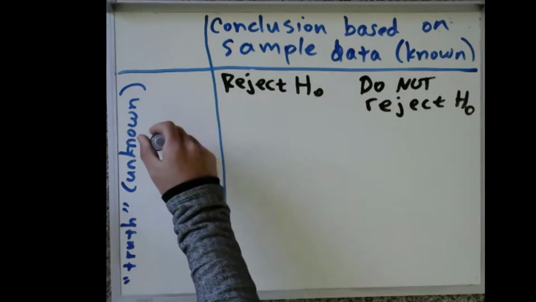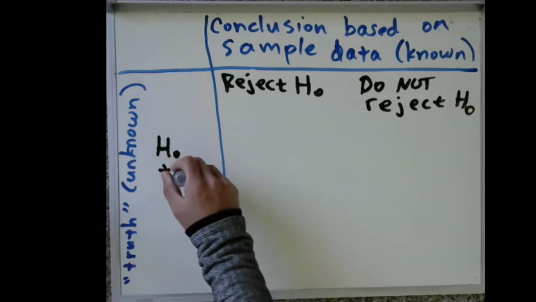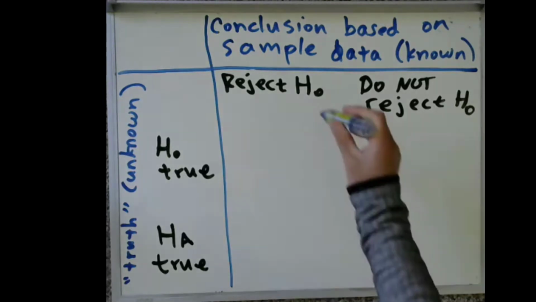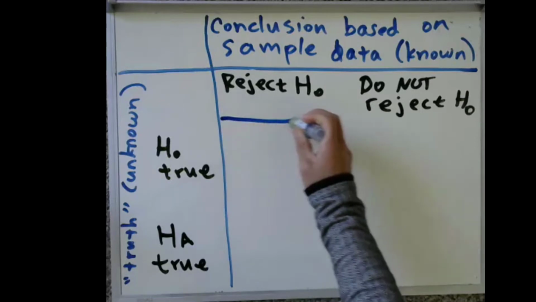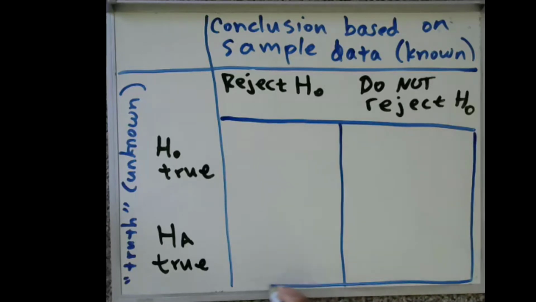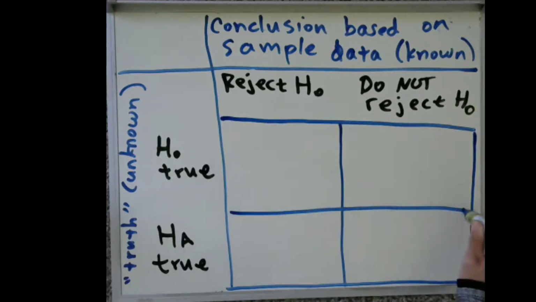We don't really know whether the null hypothesis is true or if the alternative is true. What we do see is what is illustrated in sample data. So those are our options here. So there are 4 potential outcomes. 2 of these rectangles represent a correct outcome, and 2 of them represent an incorrect conclusion.